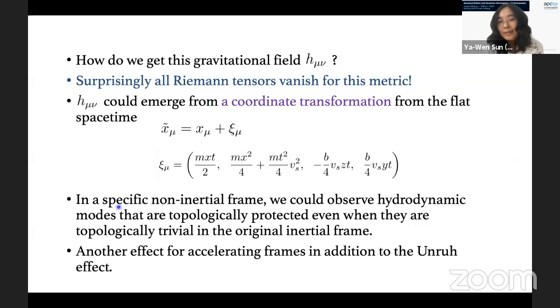So we are now observing in a special non-inertial reference frame. In this special non-inertial frame, we could observe hydrodynamic modes that are topologically protected, even when they are topologically trivial in the original inertial frame. So this is another effect for accelerating frames, in addition to the very famous, well-known Unruh effect for accelerating observers.